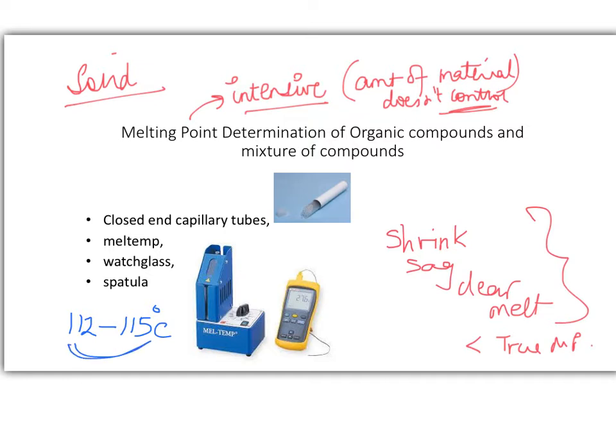So that's a range, that's a 3-degree range. I want you to record that as is. Please don't try to take an average of it. I need to know the kind of result you got, the kind of sample you were given. And so we are interested in determining and reporting out a final range for each of our samples.